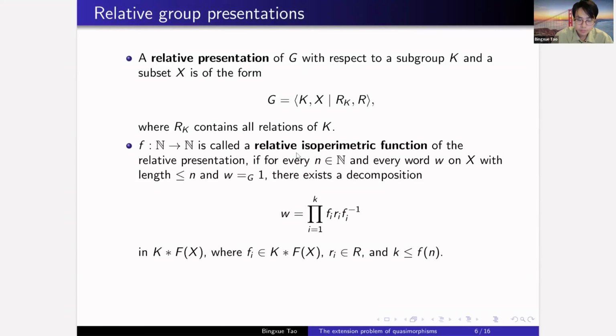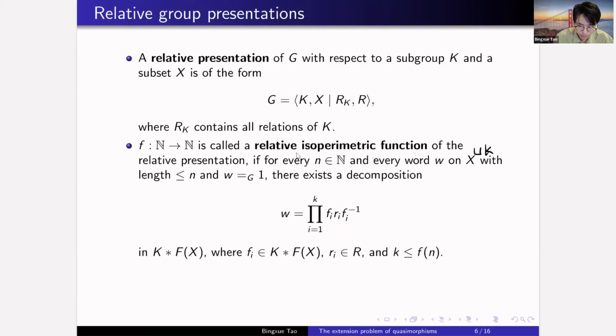And a relative isoperimetric function with respect to this relative presentation is a function f such that for every n and every word w on the union of X and K with length at most n, and such that w represents the identity in G, there is a decomposition of w into a product of conjugates of relators.